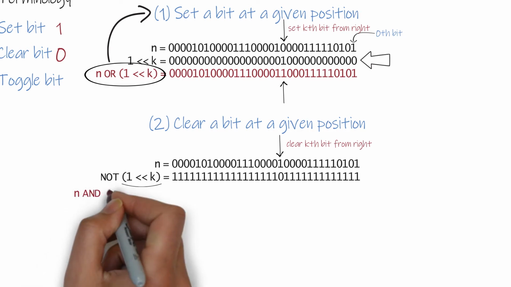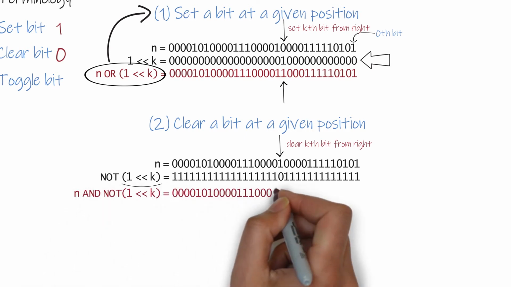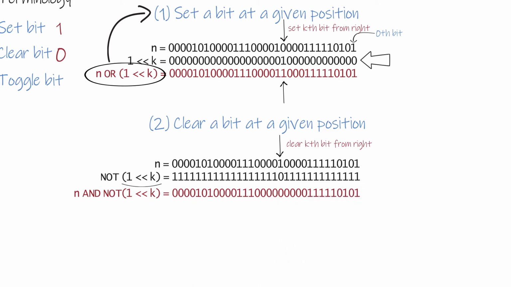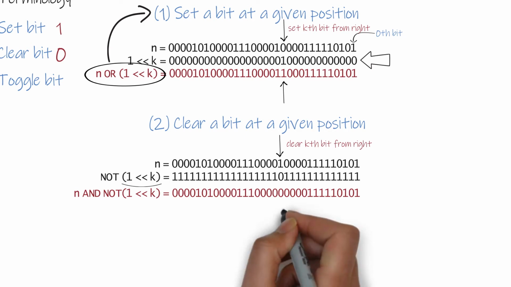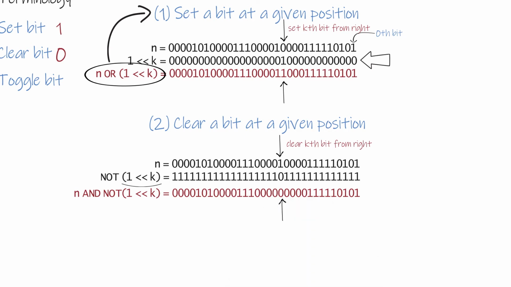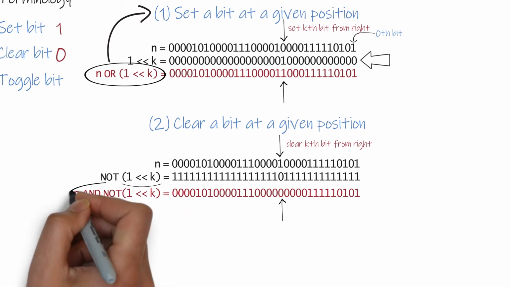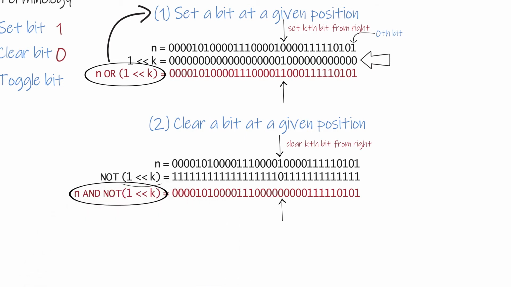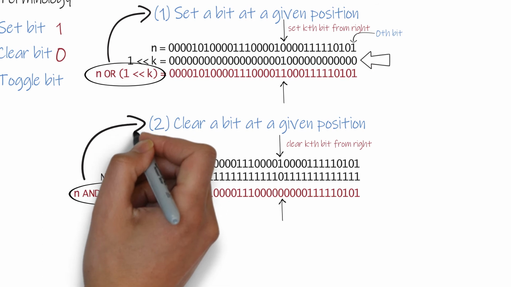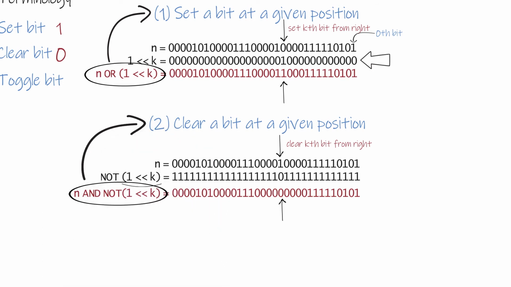Now we will take bitwise AND of the original number and the expression NOT of 1 left shifted k times. This would give us a new number in which the kth bit would be clear and rest all the bits would be the same as in the original number. So the expression n AND NOT of 1 left shifted k clears the bit at the kth position.